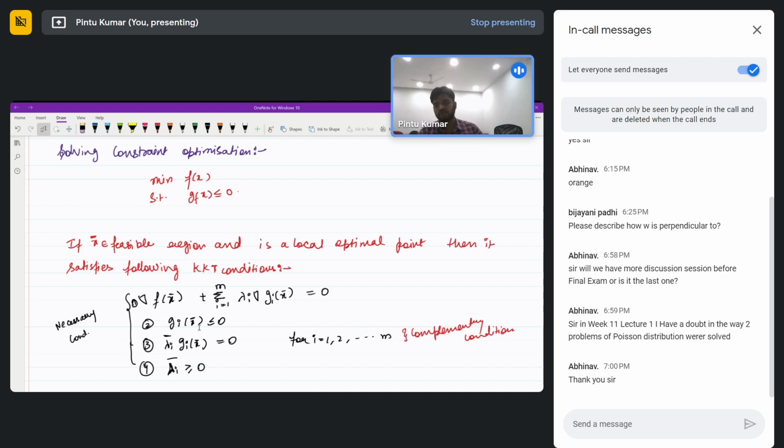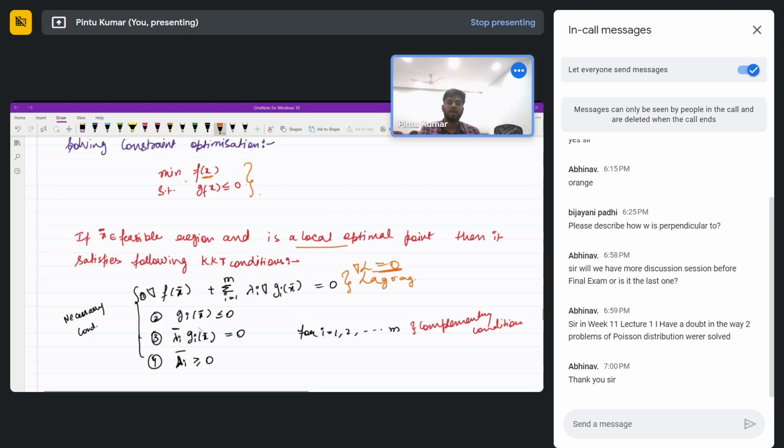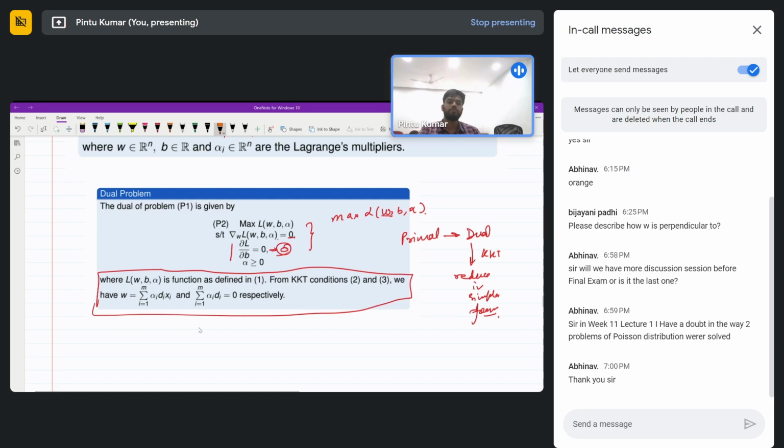If you have a constrained optimization problem, something like minimize f of x subject to gi of x less than or equal to 0, then a local optimal point must satisfy the following conditions. This is just your Lagrangian, and the gradient of your Lagrangian must be equal to 0.